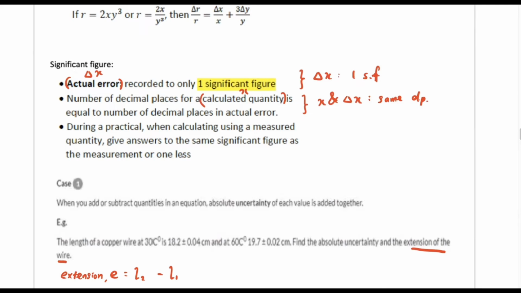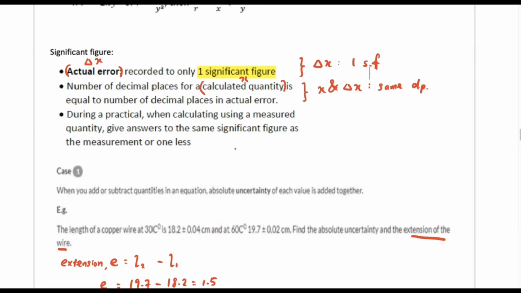Okay, so it depends on what instrument you use. A certain instrument can measure up to 2 decimal places, and then you put it in 2 decimal places, or you do one less decimal place, you round off. So that is what they say.